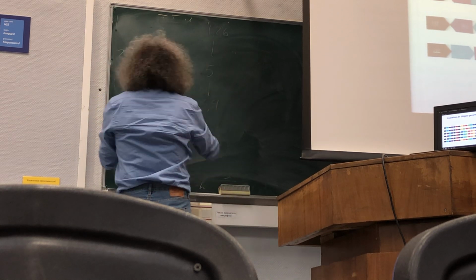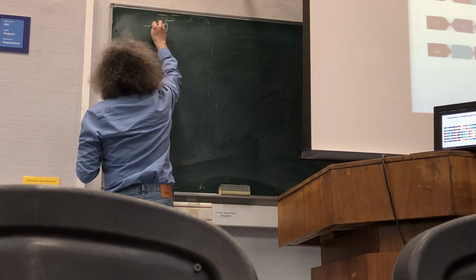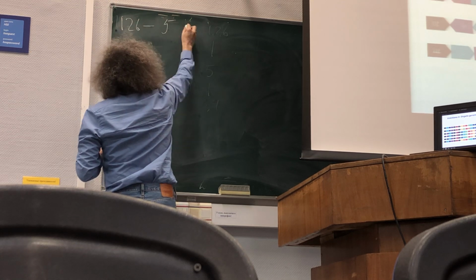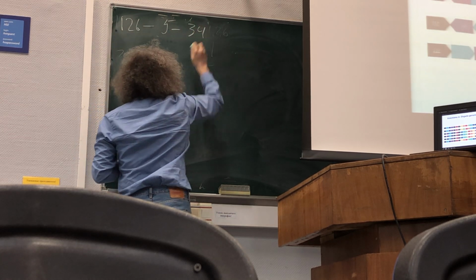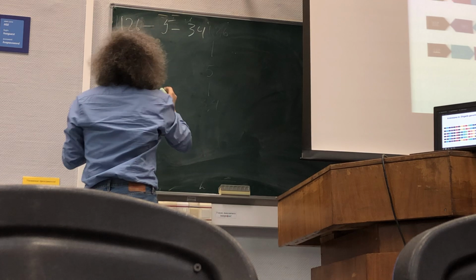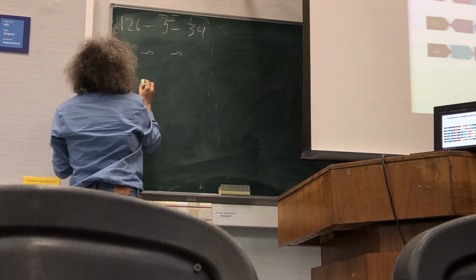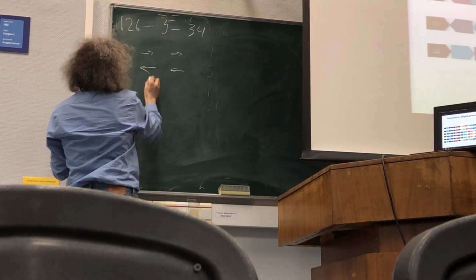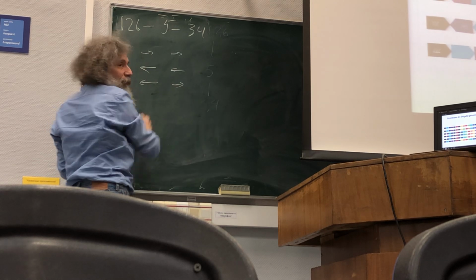So once again, we have 5, 1 to 6 on one side and 3, 4 on the other side. And the history might be like that, or like that, or like that, whatever.